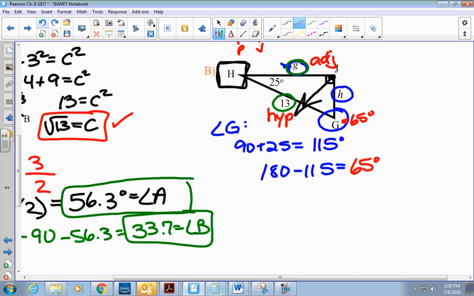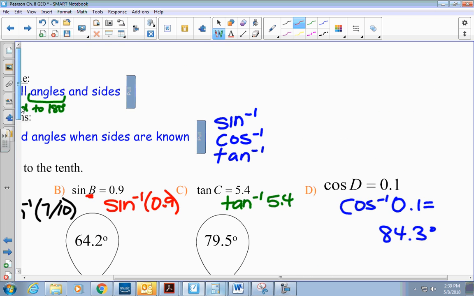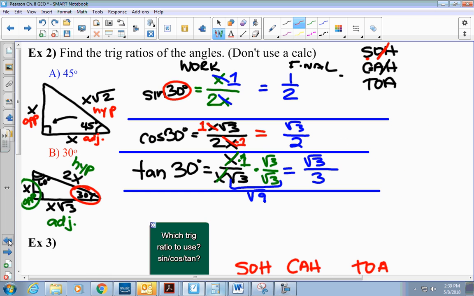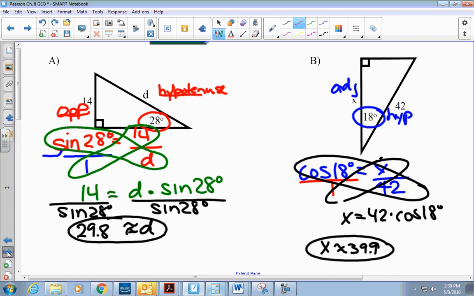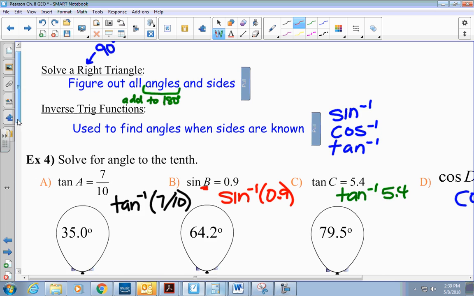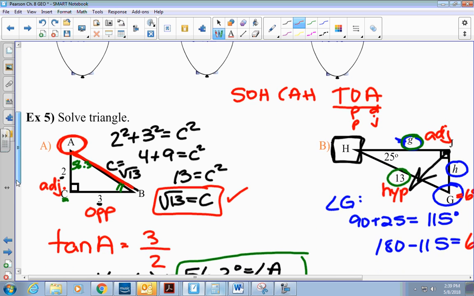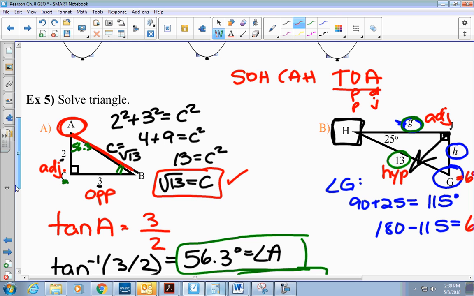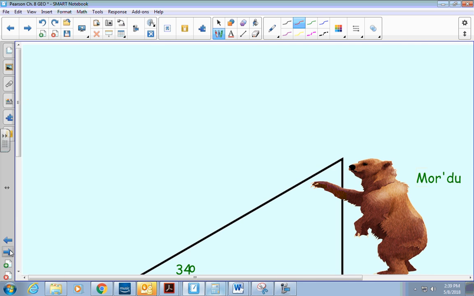A and H. I don't know how many times I have to write SOHCAHTOA on my paper, but I've written it 3 times. If you don't write it each time you do a trig problem, make sure you're doing that. So out of SOHCAHTOA, which one is the adjacent and the hypotenuse?